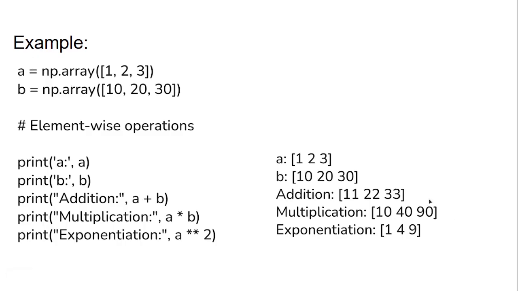A times B gives us the multiplication: 10, 40, and 90. And A exponent 2 gives us 1, 4, and 9. This only occurs in NumPy arrays, whereas in lists we cannot add two separate data sets.